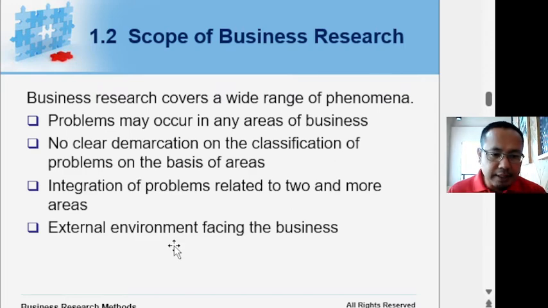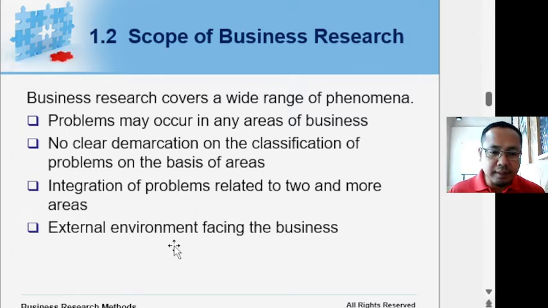so the external environment facing the business. The external environment facing the business can also be studied through business research. For example, our expectation about an economic downturn, and then expectation about the trend of customers, right?